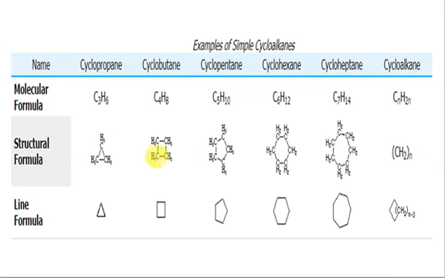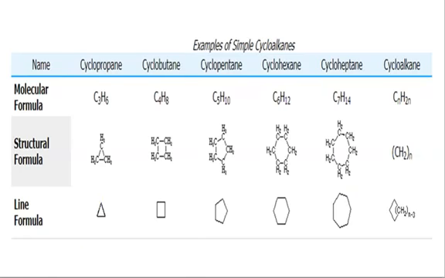But the problem is that as the structure becomes more complex, the number of hydrogens increases, so it becomes difficult to interpret the structure. So the easier way is to use the line formula. So just draw 3 lines and you get the cyclopropane, right? So line formulas are much easier to draw, they're quicker to draw, and there is no complexity in drawing these simple line formulas.